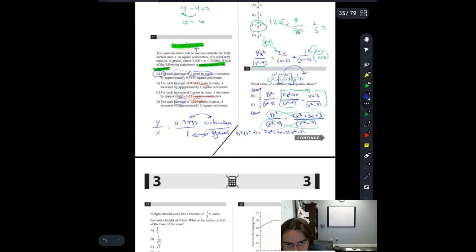Now what you could have noticed right here is that we can eliminate these terms, because if I divide by x squared minus 9 on the right-hand side, and then again on the left-hand side, I'm dropping those terms.